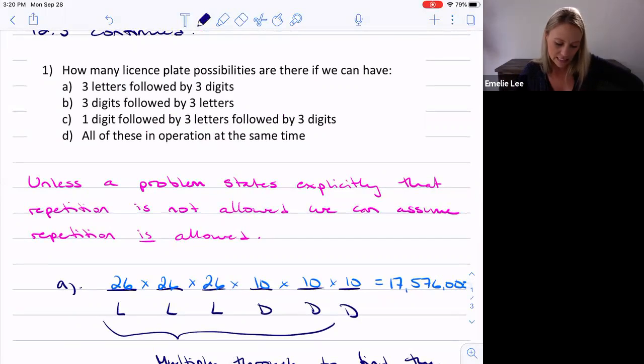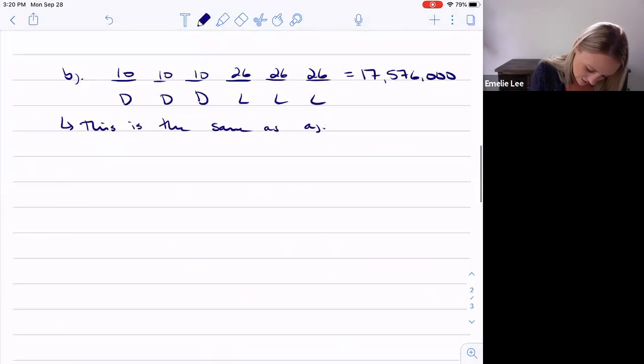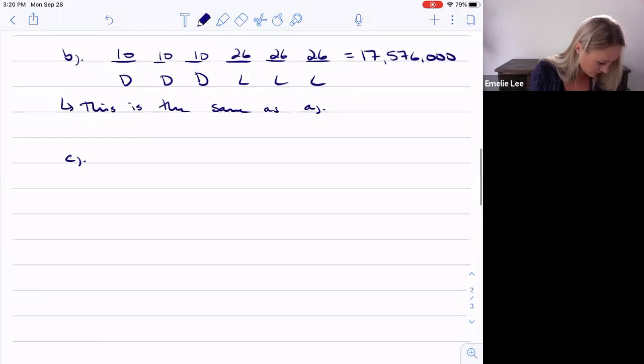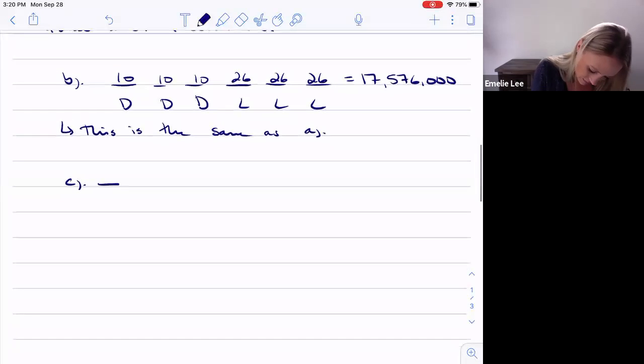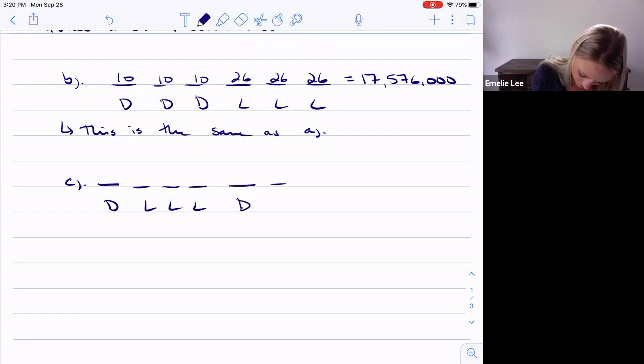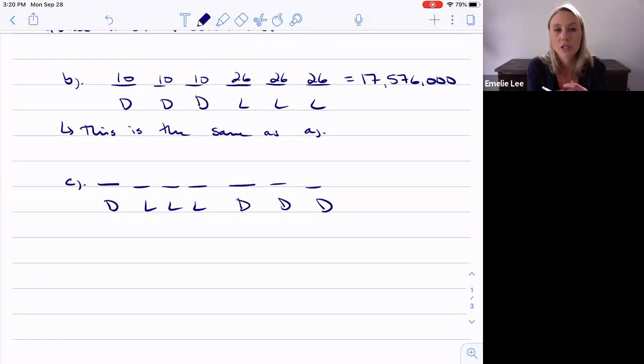For part C, right, we're gonna have 1 digit followed by 3 letters followed by 3 digits. Okay, so now we're adding a digit in front. So if we have a digit first and then a letter, letter, letter, followed by 3 digits, again, no mention of repetition isn't allowed or anything like that.